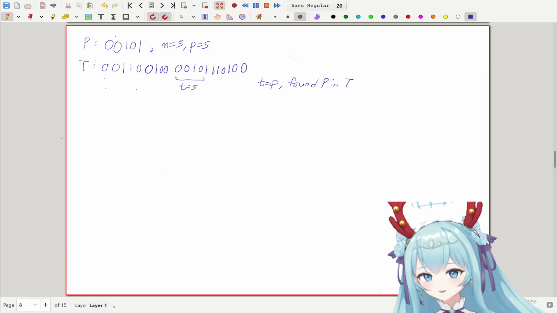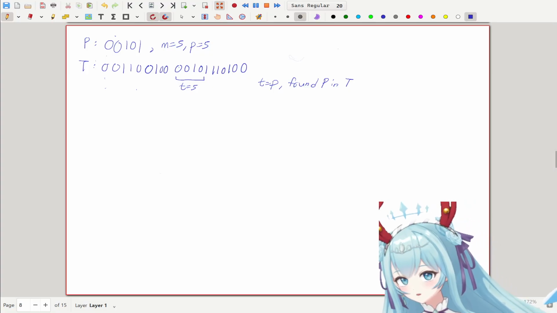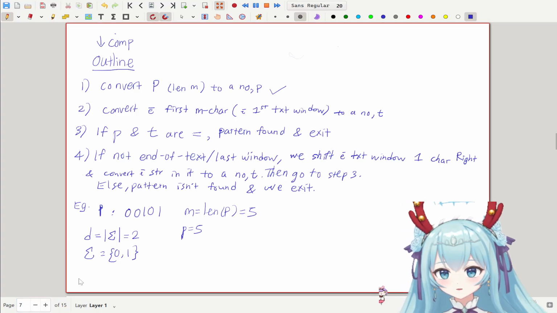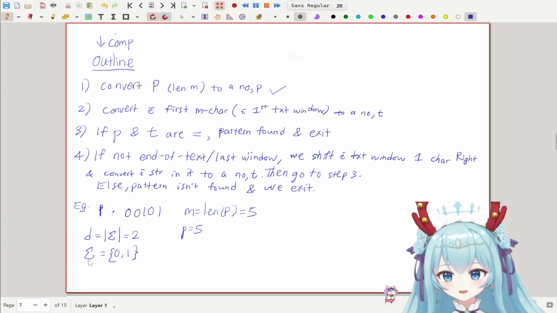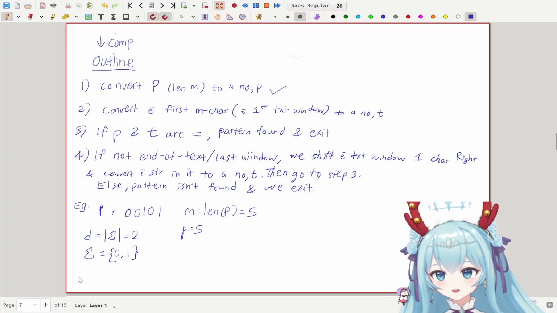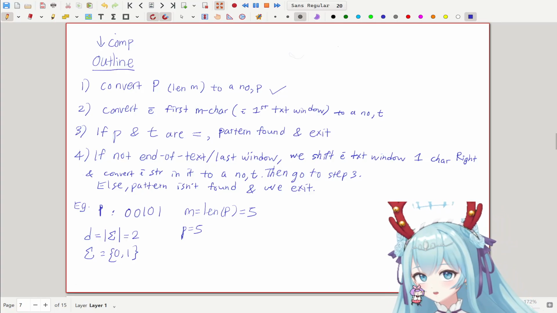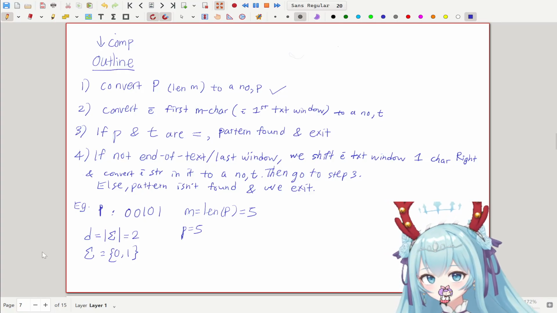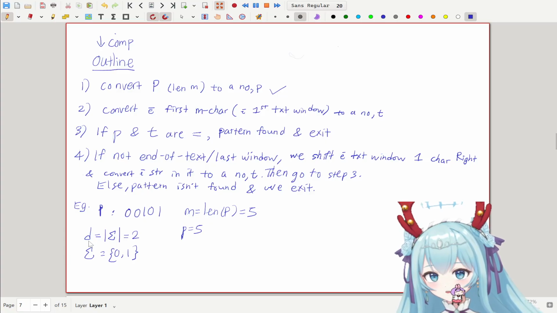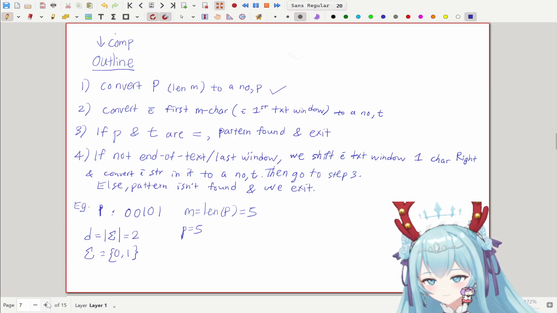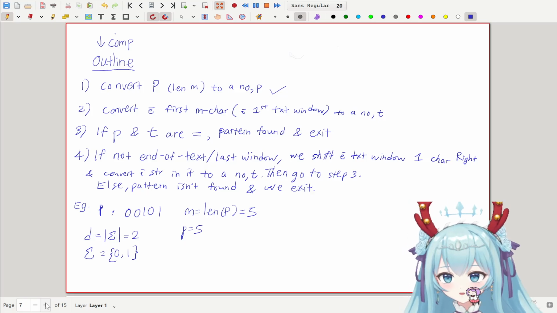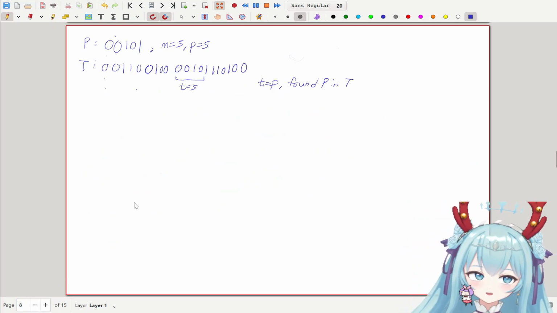And this is where, in the earlier slide, I mentioned D over here, which is basically the set of possible characters, the maximum number of possible characters that either P or T can have, and they have to be unique. It's basically the alphabet.